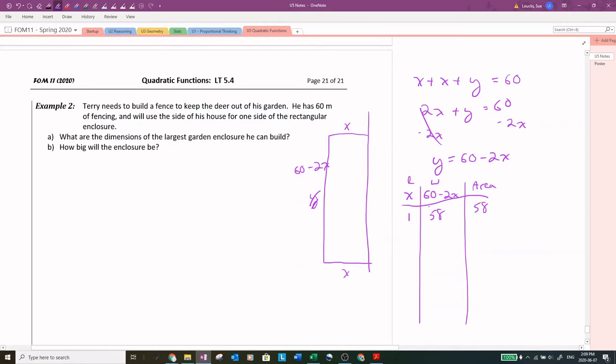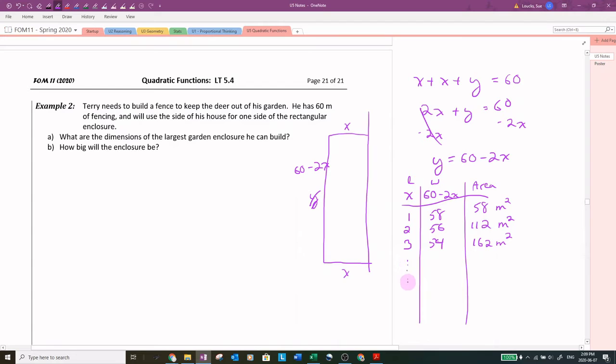If x is 2, we've used up 4, so the width is 56, and our area is 112 meters squared. If x is 3, we've used up 6, so we have 54, and our area is 54 times 3, which is 162 meters squared.